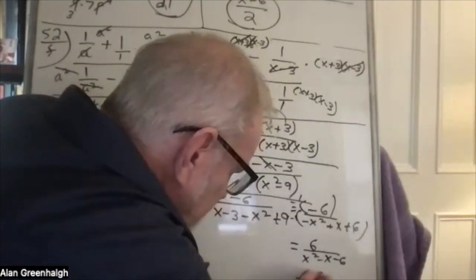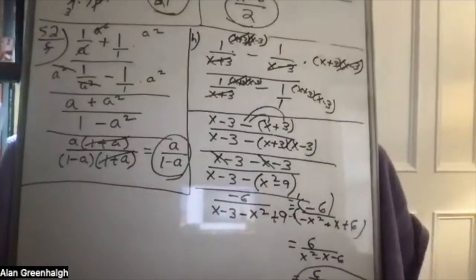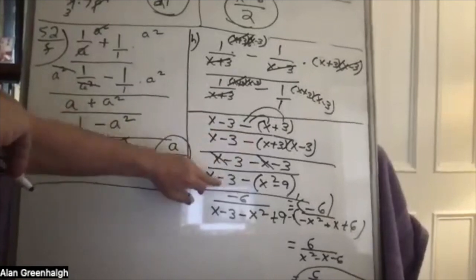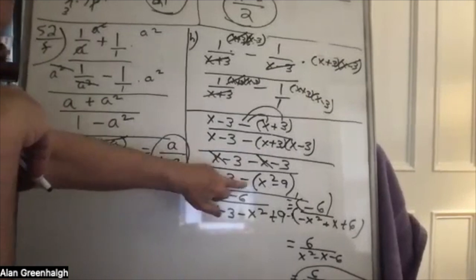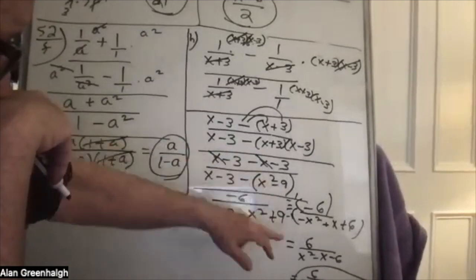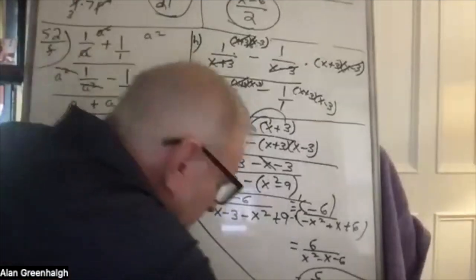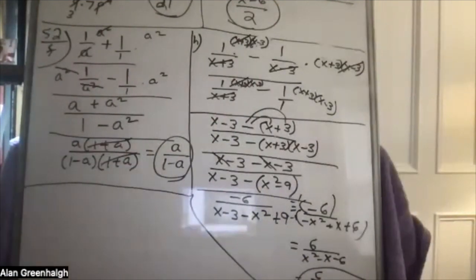But it still doesn't do anything. That's the answer. I don't see anything else that we could do in this problem. The x's dropped out here. The -3 became -6. X minus 3 minus x squared plus 9. Forget it. I don't see anything else that can be done.